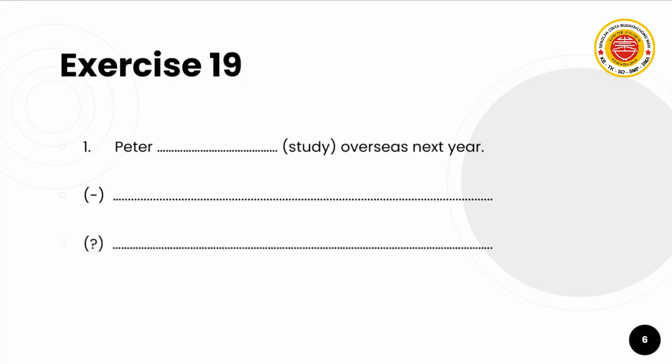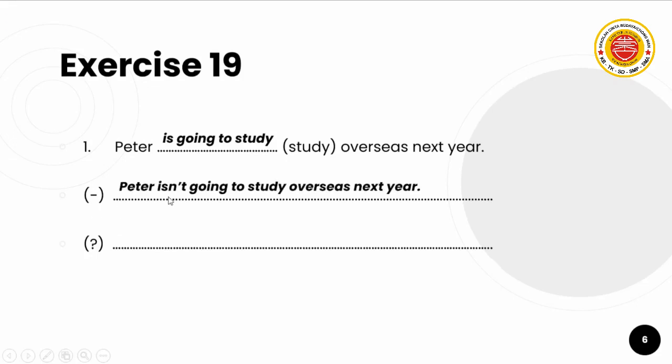So, number 1, Peter blank blank blank study overseas next year. So, Peter here is only one person. Peter di sini adalah satu orang. So, we have to use is. So, Peter is going to study overseas next year. Negative sentence. Peter isn't. Is plus not become isn't.